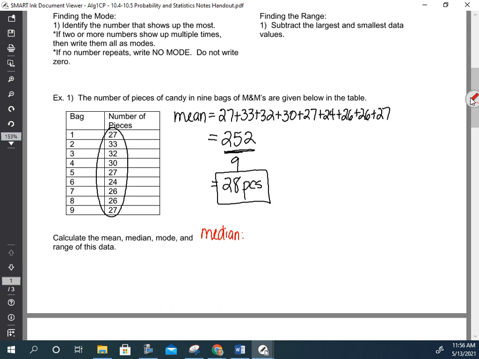So my smallest number is 24, then there were two 26s. There were 1, 2, 3 27s. There were 30, 32, and 33.